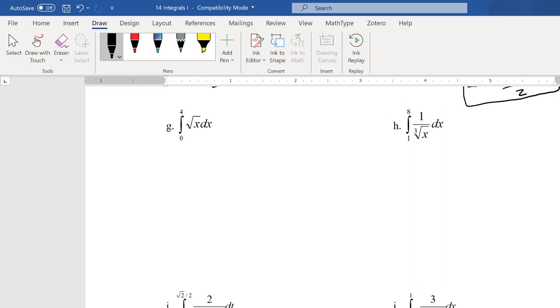So I can rewrite this first one here as the integral of x to the 1/2 dx. And I follow the power rule. So I add 1 to the power, and divide by that number.